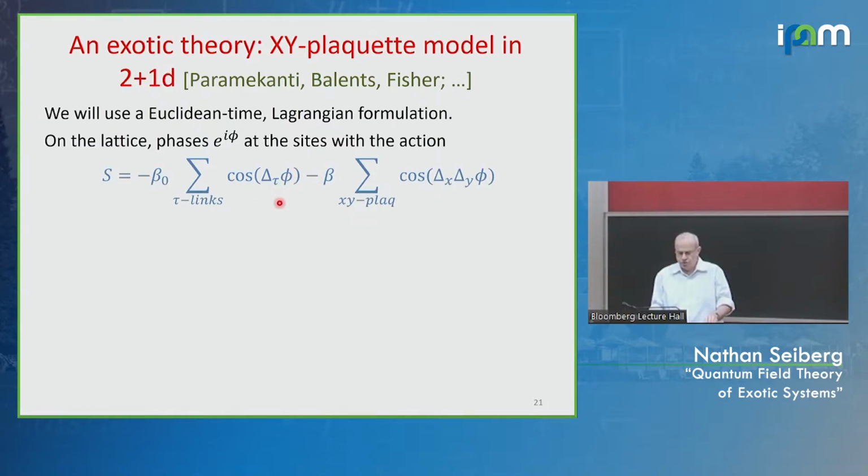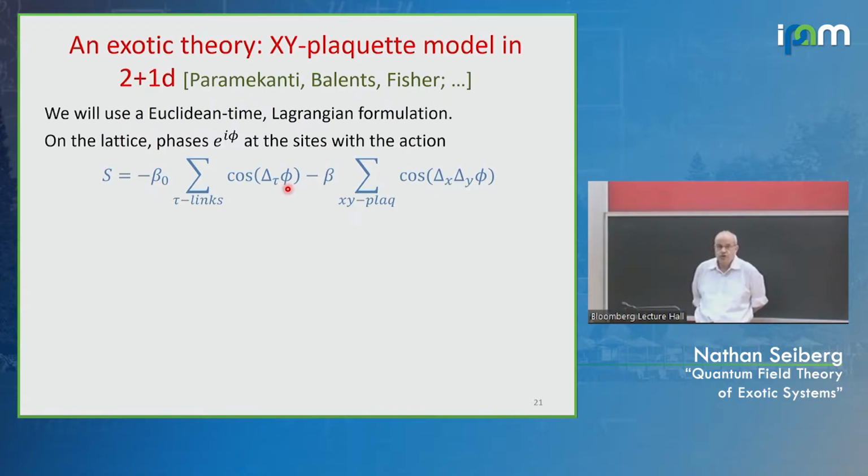In the Euclidean version, we have a cosine in delta tau phi. This is roughly the time derivative of phi, or the velocity of phi, and we need the cosine because phi is circle valued. So now we have a functional integral, where, if Euclidean time is finite and space is finite, we have a finite number of variables to integrate over.